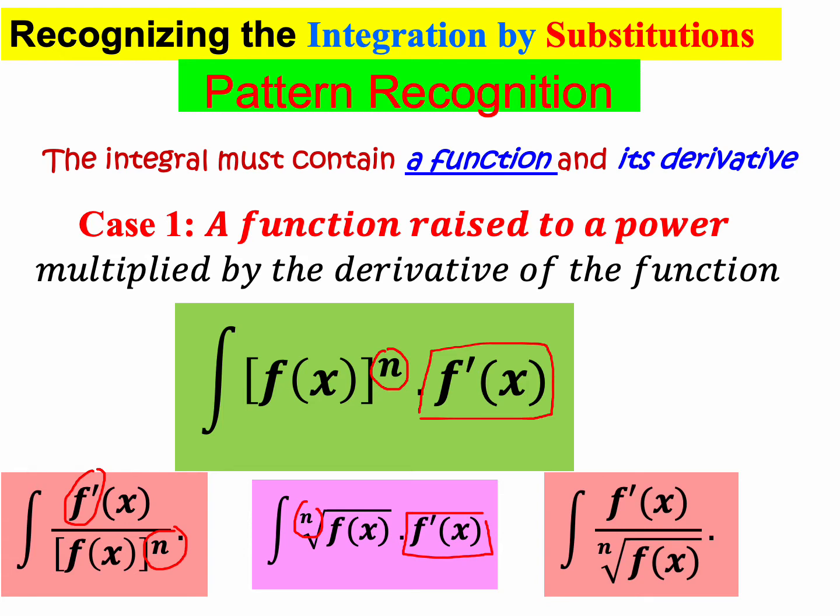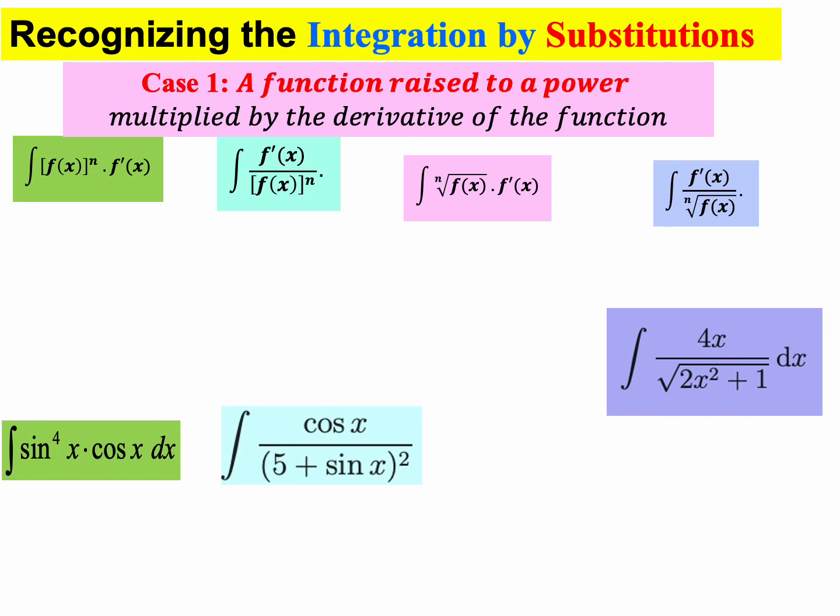In some other cases, the radical is in the denominator. This is also a kind of function raised to power. So once we see these examples, we can easily understand whether integration by substitution can be done or not.